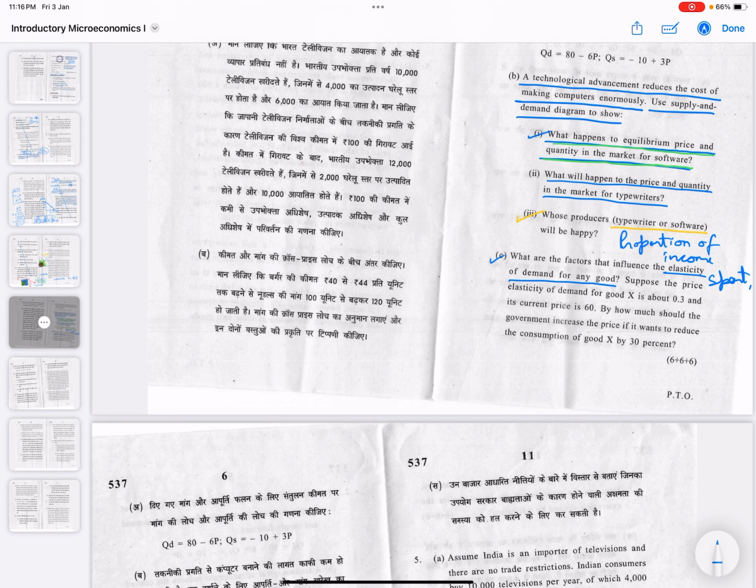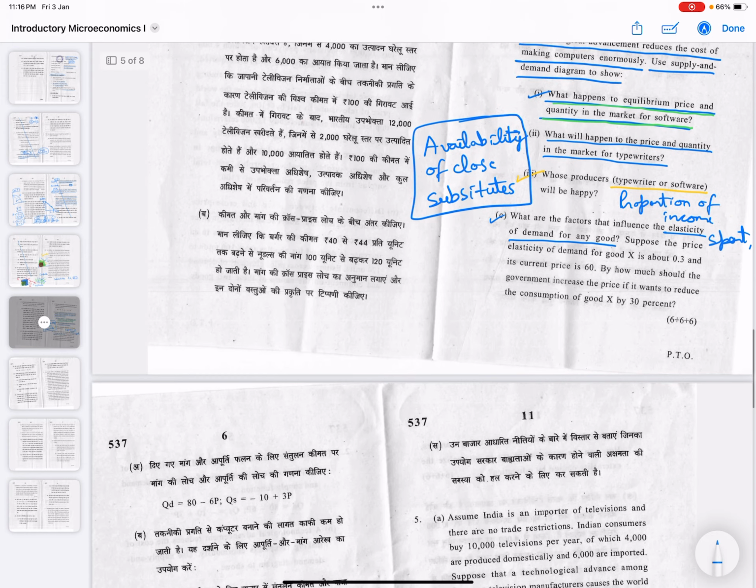And availability of close substitutes. So if you have very close substitutes available in the market, then the elasticity would be high. Because if the price increases of the concerned good and the substitutes are available, the person would easily switch to the other good. Okay, now the time horizon.